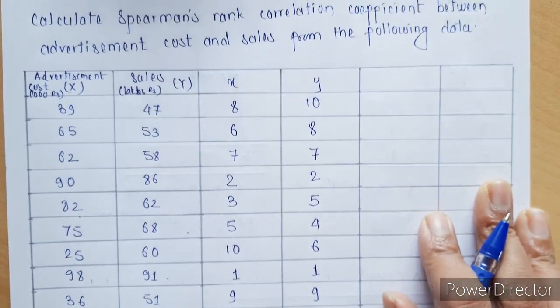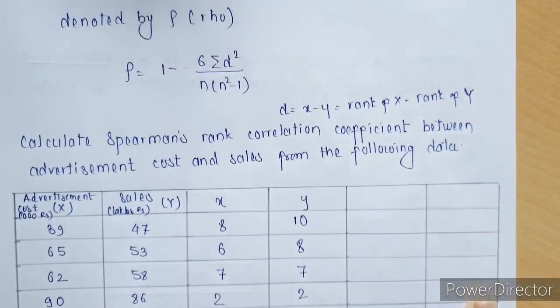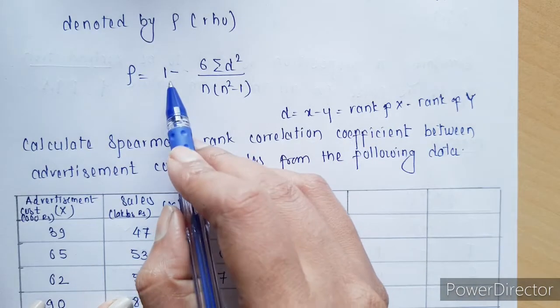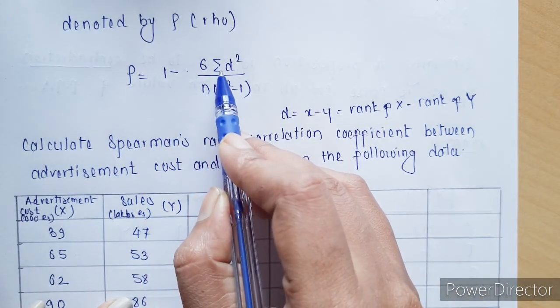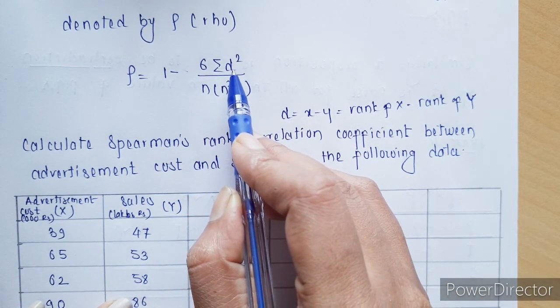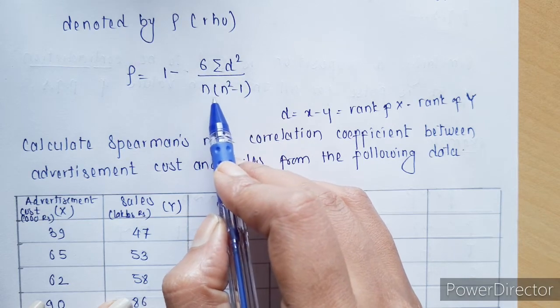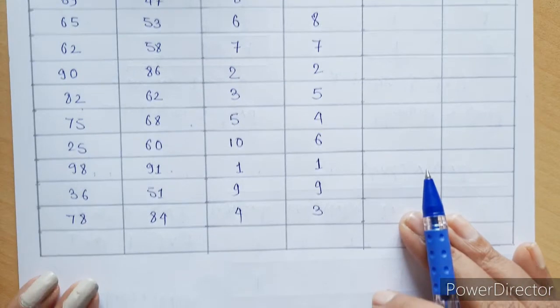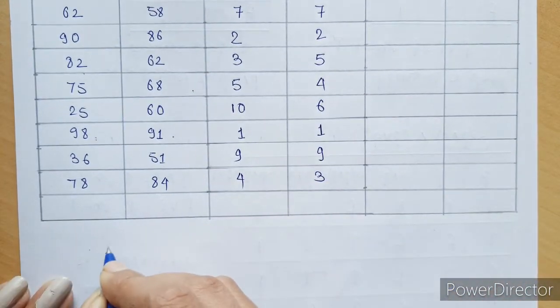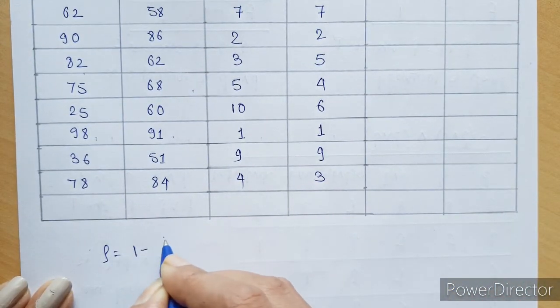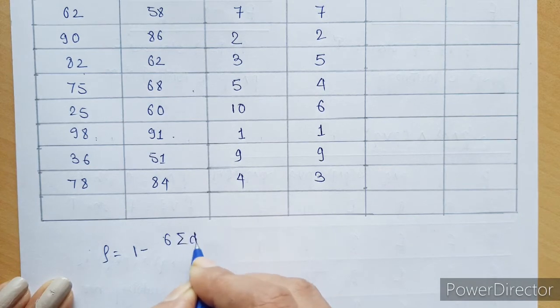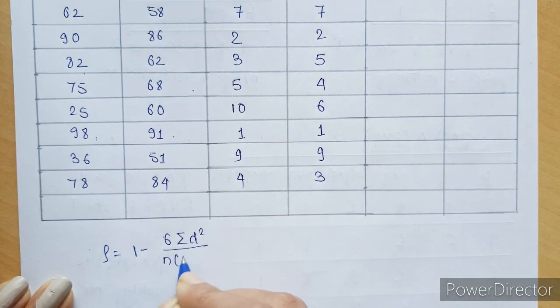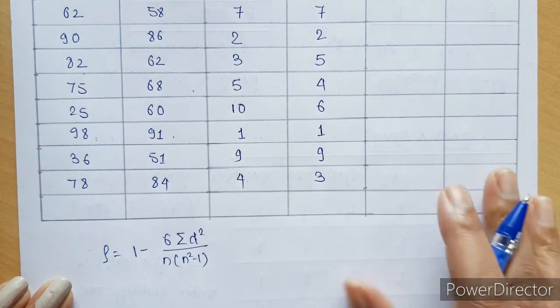Now let's come back to the formula. Rho is given as 1 minus 6 times the summation of d square upon n times n square minus 1. These are the observations.